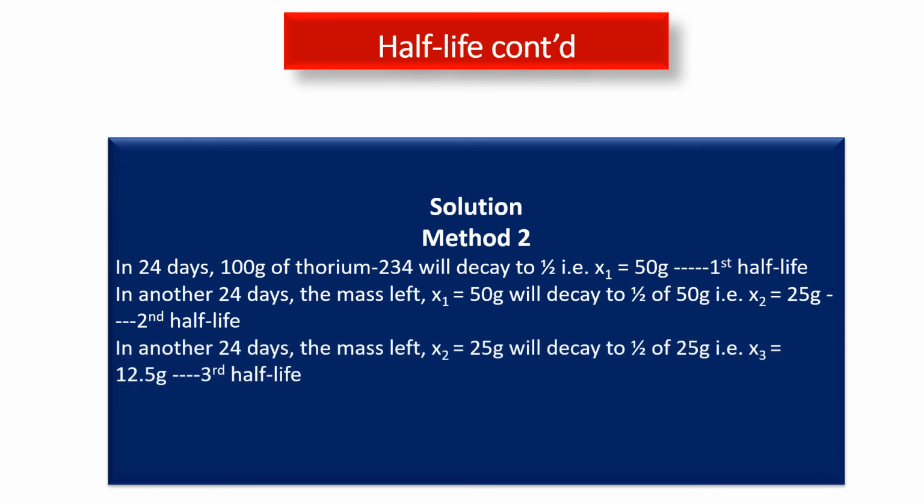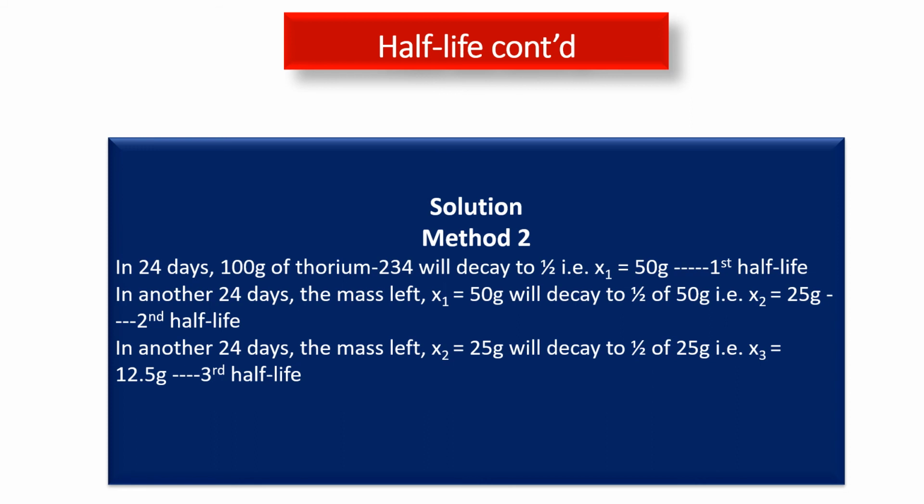So in another 24 days, the mass that is left after the second decay or second half-life, 25, will also decay to its half, and that is what? 12.5 grams. So what it means is that in 24 plus 24 plus 24, that is what? 72 days. You are too good.